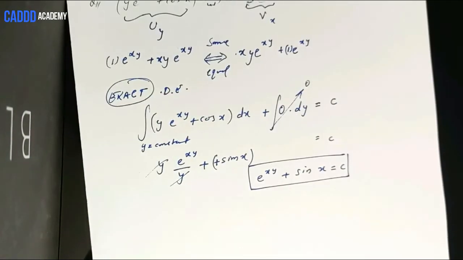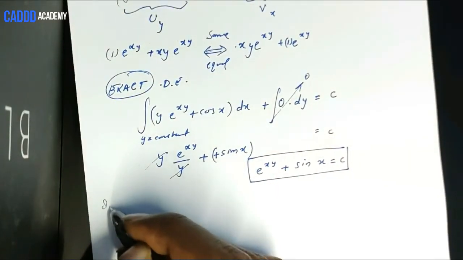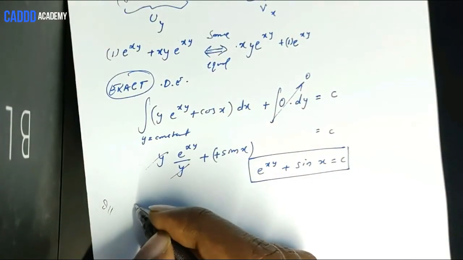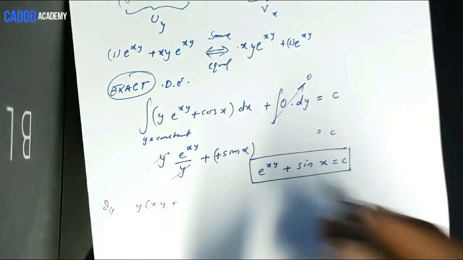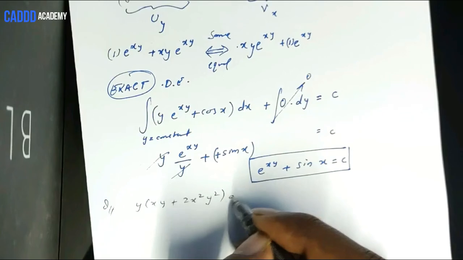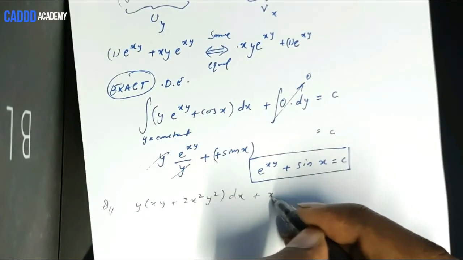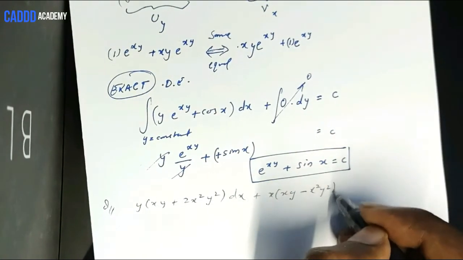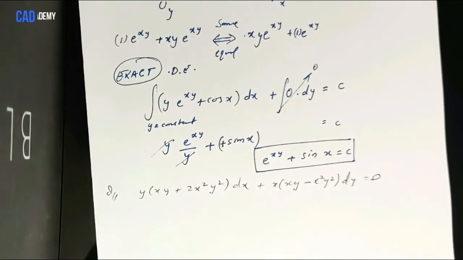Now we will see an equation which is non-exact. Okay, we'll make that equation exact by multiplying that equation with the integrating factor. So this is the equation I'm writing: minus x square y square dy is equal to 0, okay.